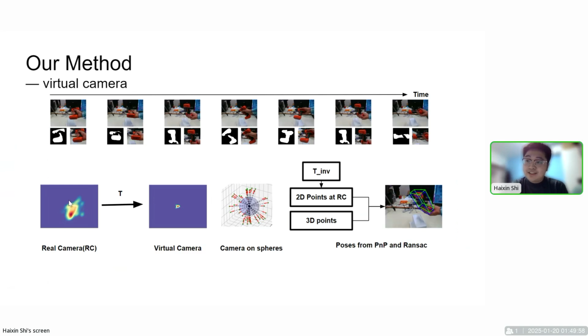So we can build up the 3D-2D point correspondence between the mesh, the object space, and the original image plane. So we can use PnP and RANSAC to get the poses for the real camera system.